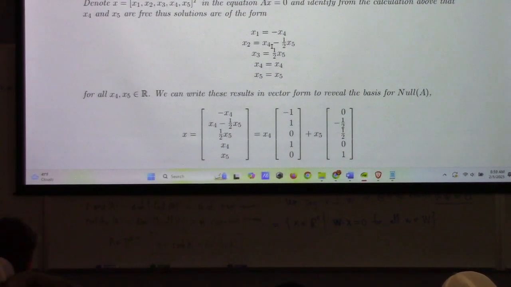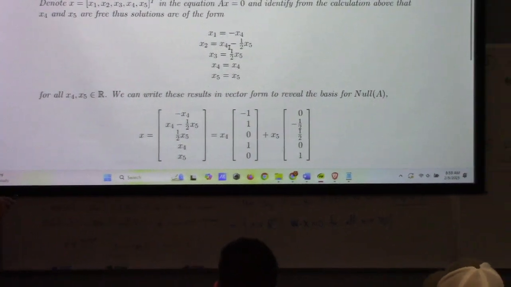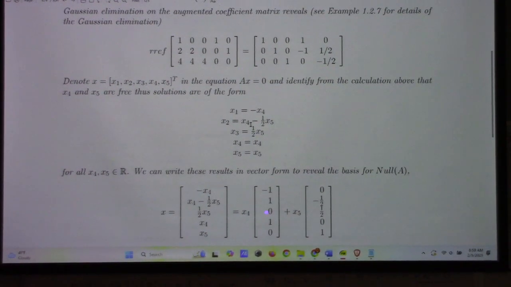By the way, notice once more that if we take this vector and take the dot product of it with any one of these rows, we get 0, right? I get -1 plus 1 is 0 for the top one. This one gives me -2 plus 2, and then zeros.